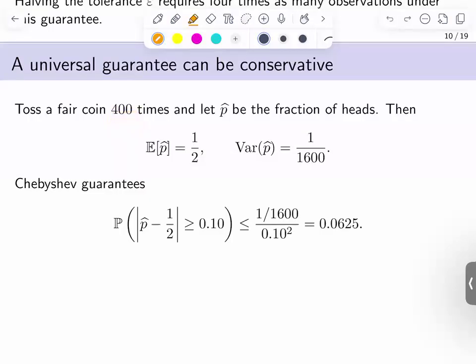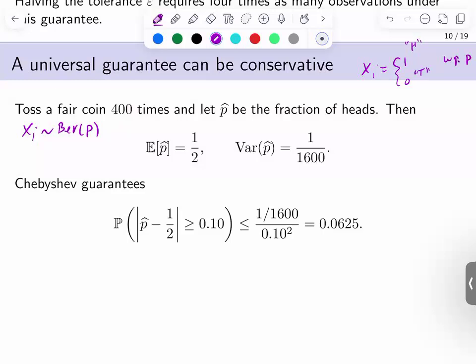Imagine the xi's are Bernoulli p. xi is 1 if I observe heads, for example, and 0 if I observe tails, or whichever you want to pick. This is probability p, this is probability 1 minus p. So this is a Bernoulli trial, and they're IID. The average is really an estimator of p, so you can call it p hat.